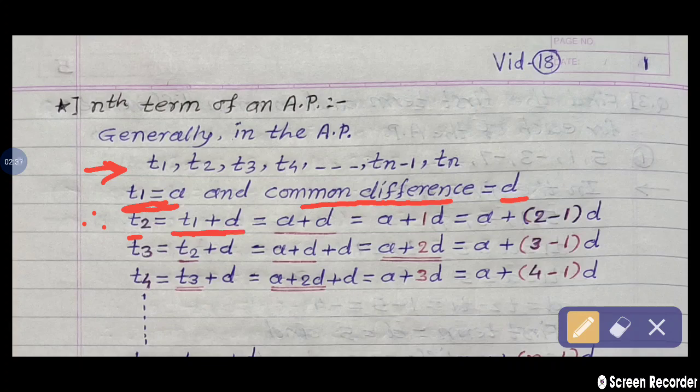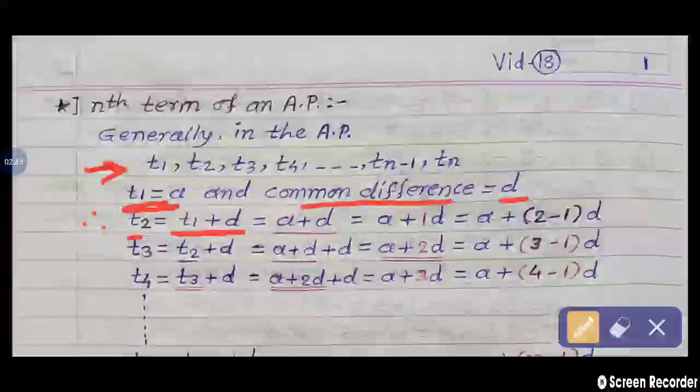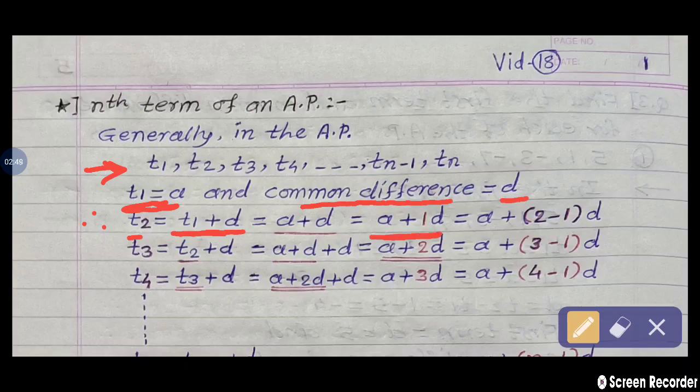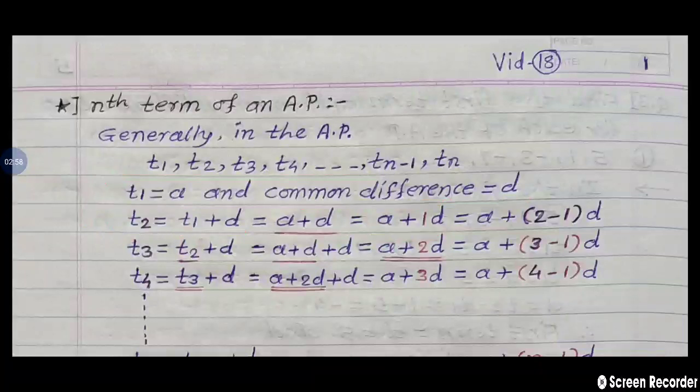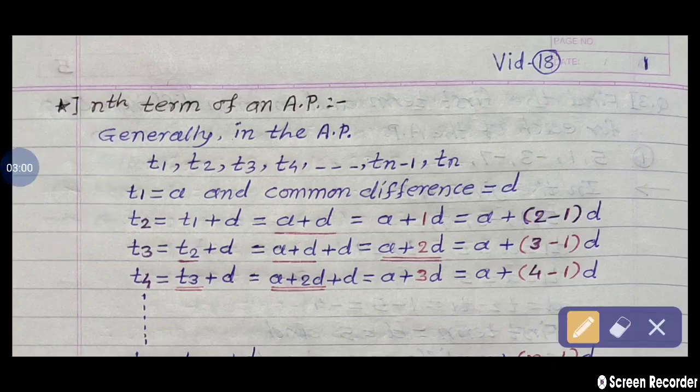T1 is also indicated as A. So instead of T1, we are writing A plus D. So how many times are we adding the difference here? One time. Check here. A plus one time difference we are adding. So we are getting the second term.